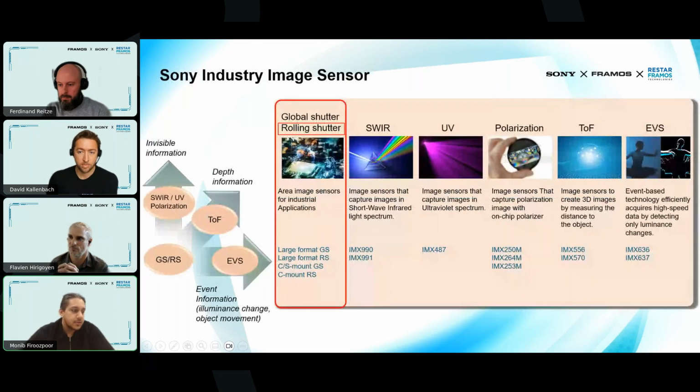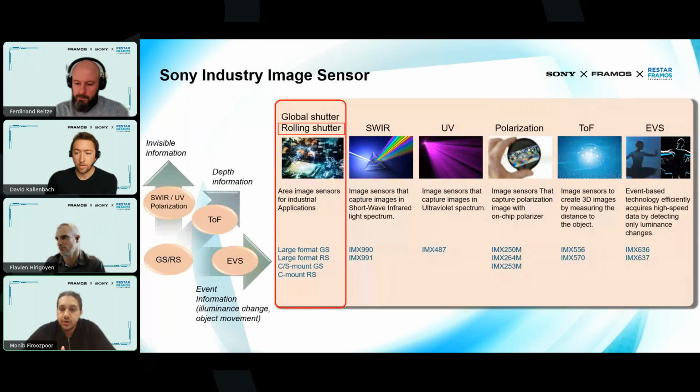When it comes to our product lineup, I just wanted to give you a brief overview of what Sony has at the moment. In case you have inquiries for any other product, you can also reach out to Flavien and the Restar Framos team. In terms of our lineup, the main lineup would be our global shutter and rolling shutter, where today we will cover the rolling shutter product in a few slides.